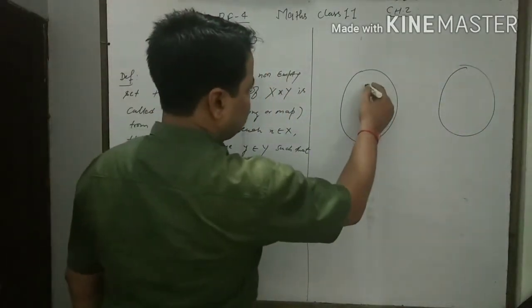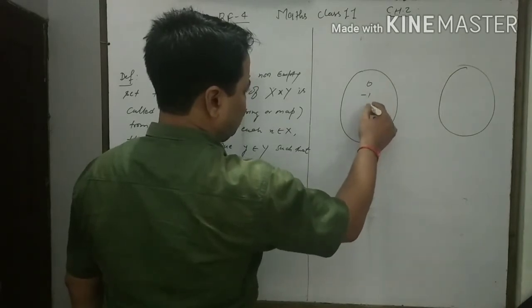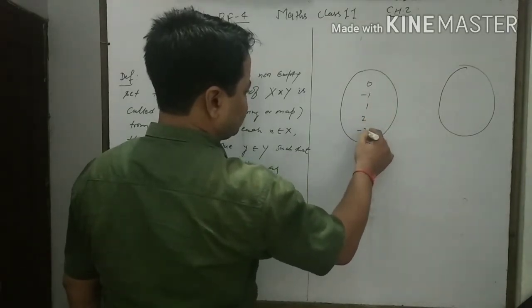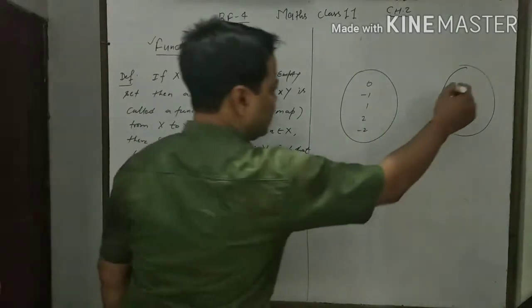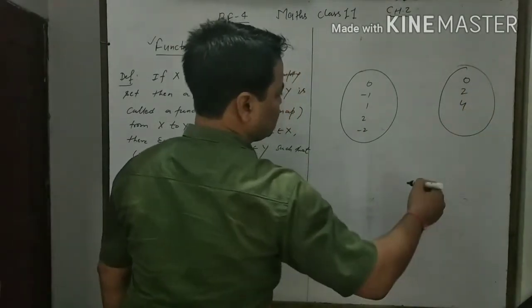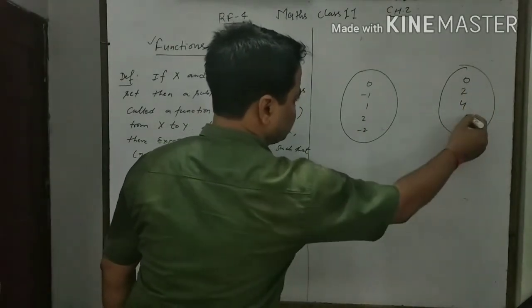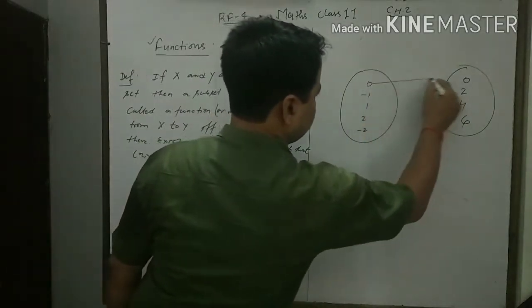Here we have 0, -1, 1, 2, -2. And here we have 0, 2, 4, 6. Okay, so here 0 is related to 0.